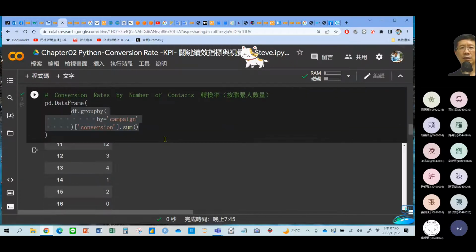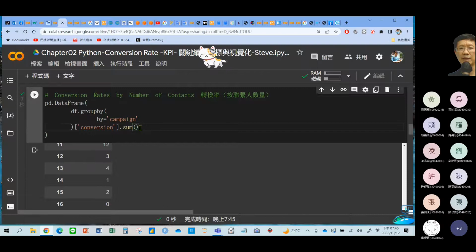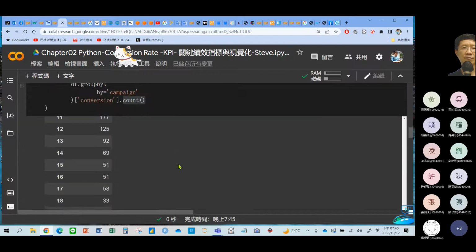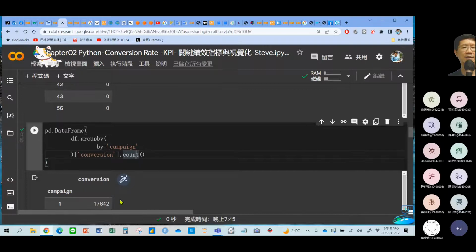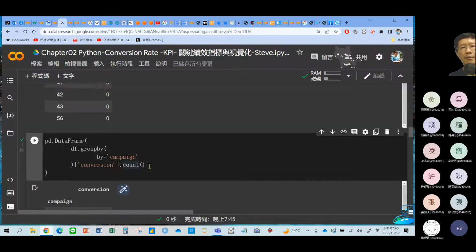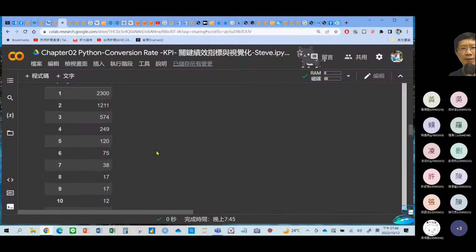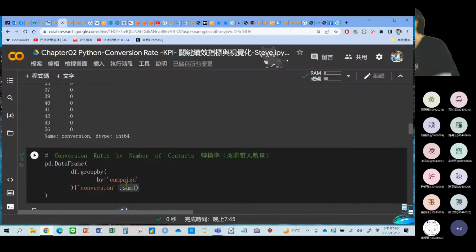You have to distinguish and know the difference between sum and count. 这两个是不一样的哦，你看看。For the count, 17,642, 有这么多人。But what about sum? 还记得吧？Sum 是什么意思？To calculate the number of ones.